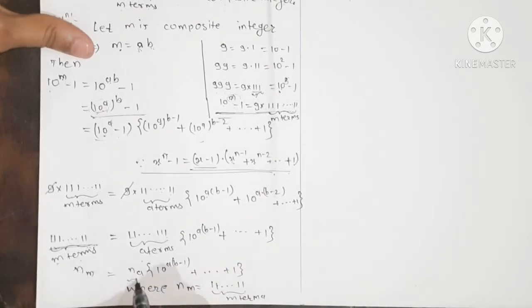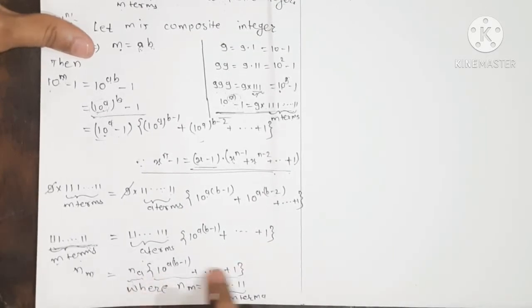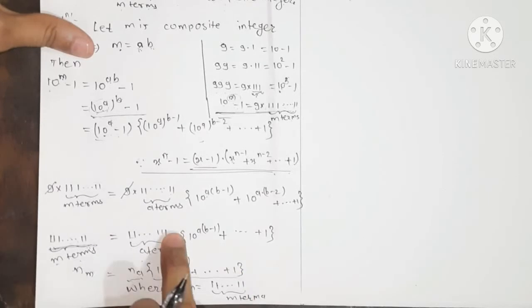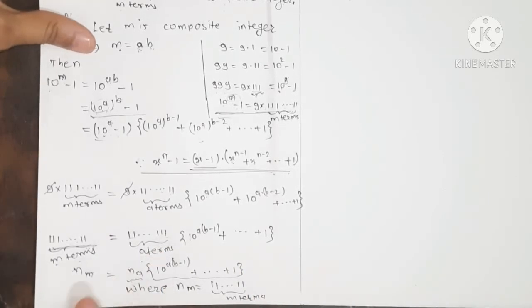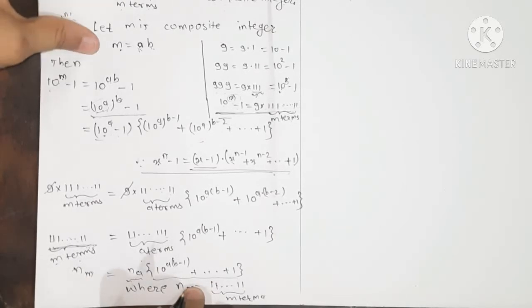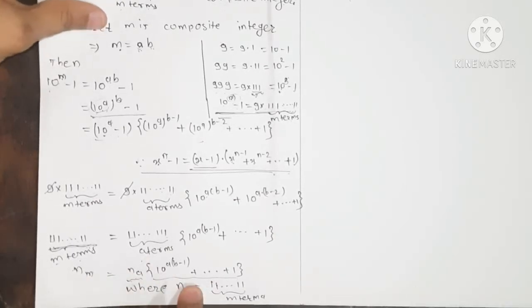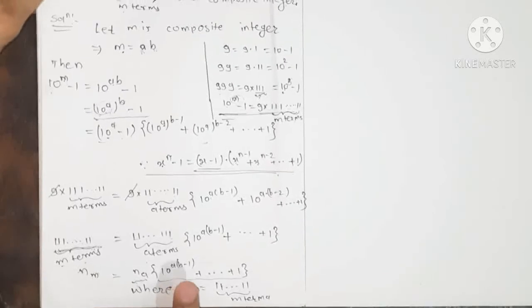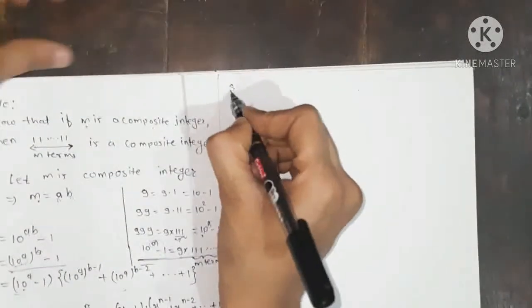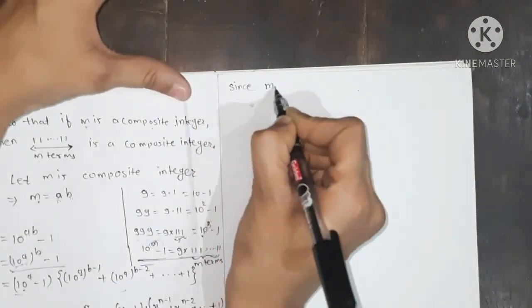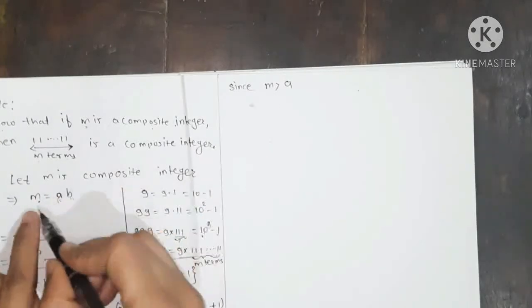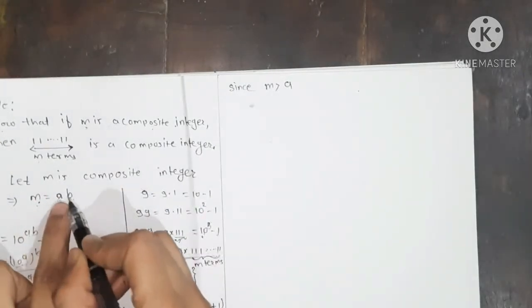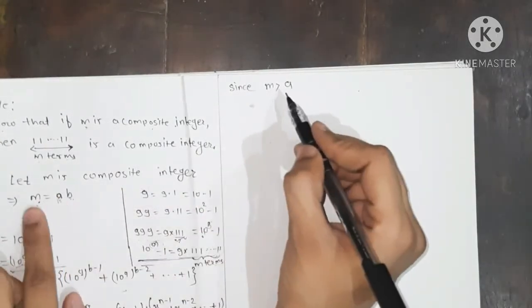So this is an integer, this is an integer, this is greater than 1 and this a terms are also greater than 1, right? So nm is written as a product and therefore it is composite, or we can say that since m is greater than a, because m is a composite number and m is written as a into b, so a is always smaller than m.